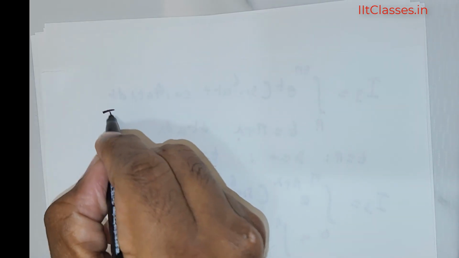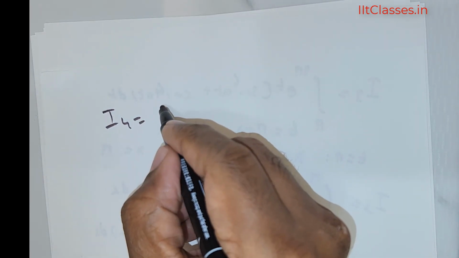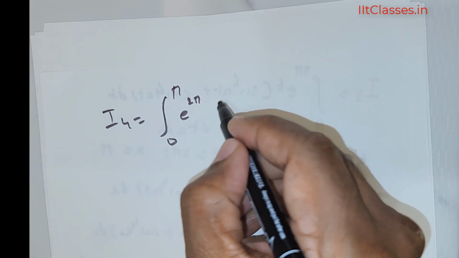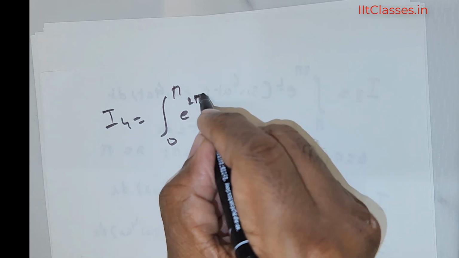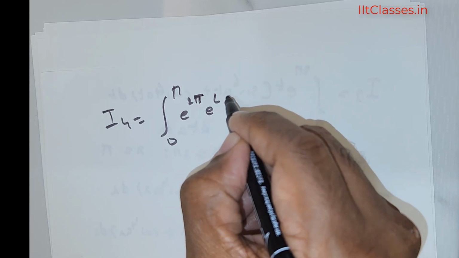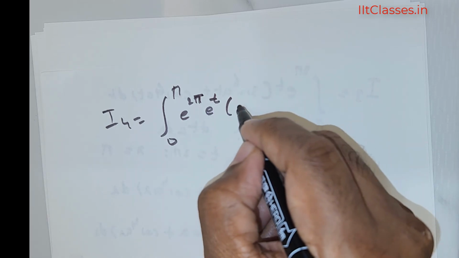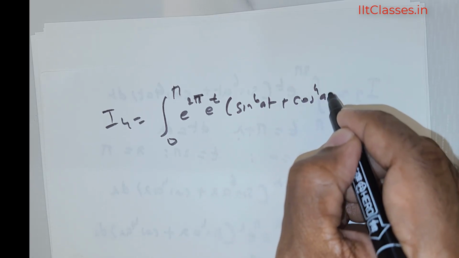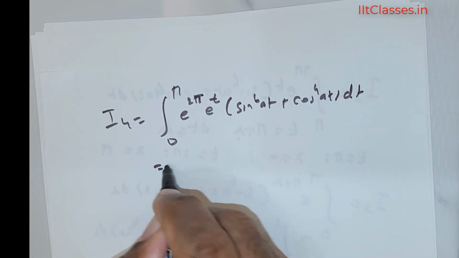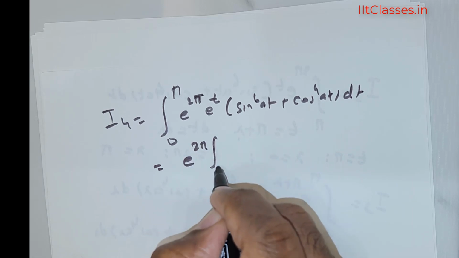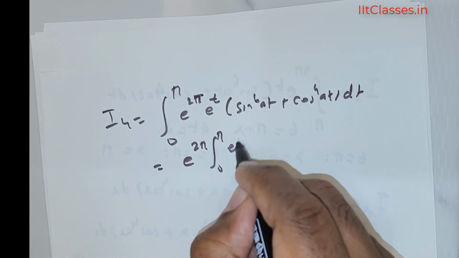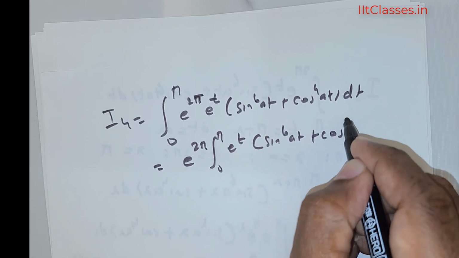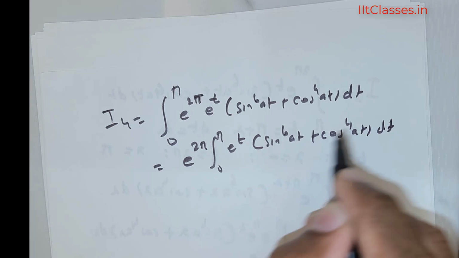So following the above principle, if you were to write I₄, it's going to be the integral from 0 to π of e raised to the power of 2π times e raised to the power of t times sin⁶t plus cos⁴t times dt, which could be rewritten as e raised to the power of 2π times the integral from 0 to π of e raised to the power of t times sin⁶t plus cos⁴t times dt.